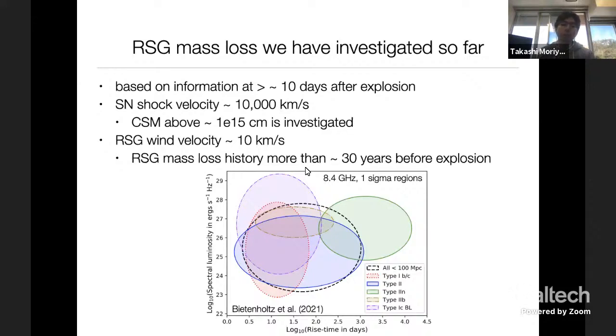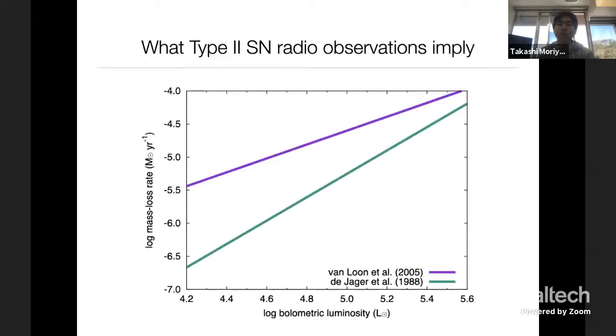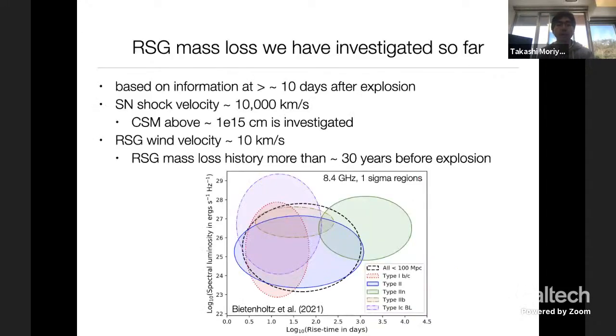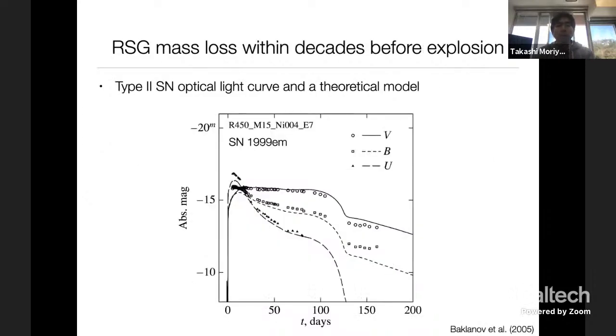What we learned so far is that the red supergiant mass loss rate more than 30 years before the explosion can be well explained by the Jaga-type mass loss prescription. But what about within 30 years before the explosion? Of course, we may think nothing will happen within 30 years before the explosion, but actually we start to see that's not the case, and I will introduce that here.